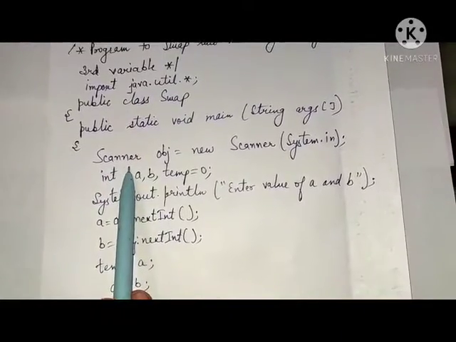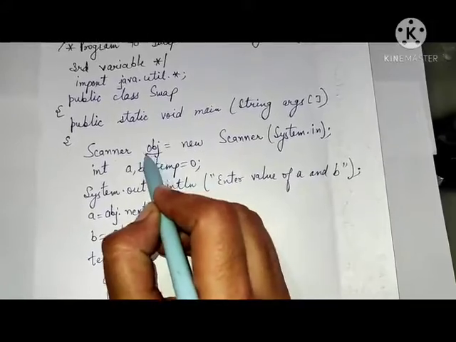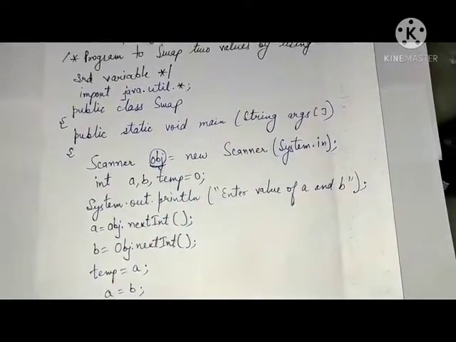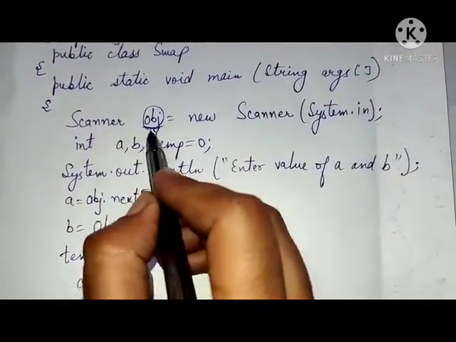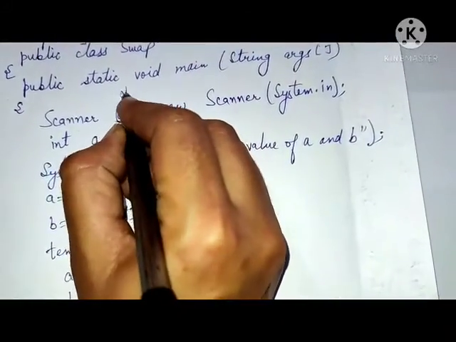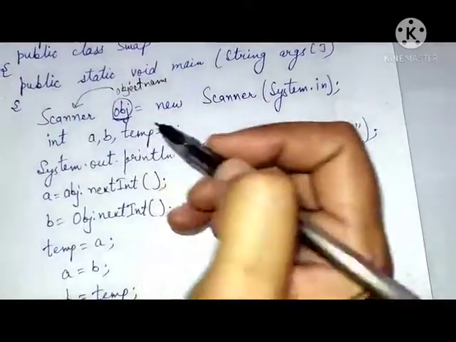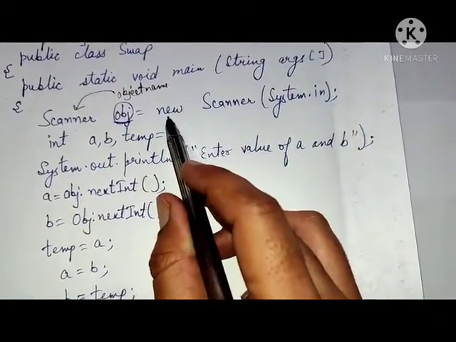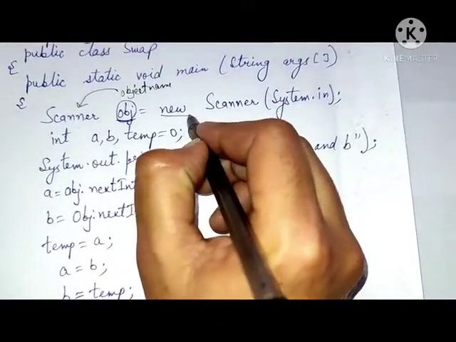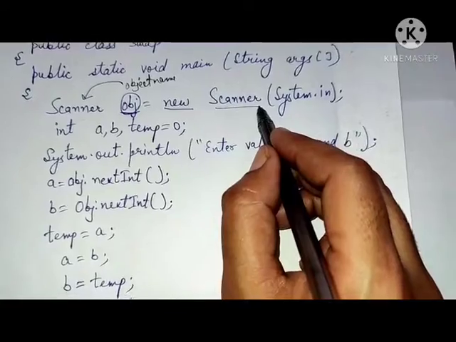Then firstly we have to create the object of the scanner class. So obj is the object name that is of Scanner class. New is the keyword that is used to allocate the space. Then again Scanner, this is also called the constructor.